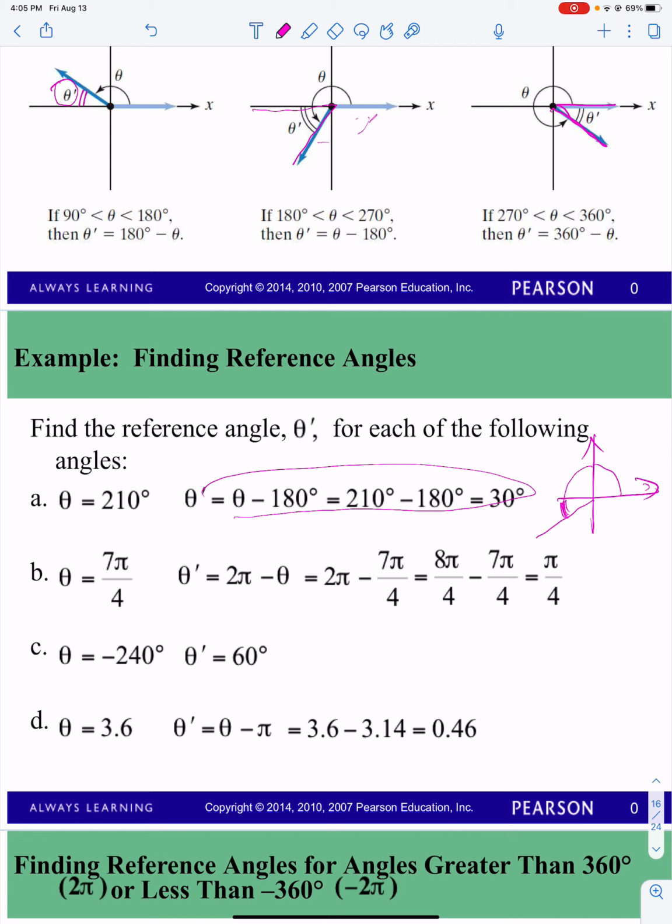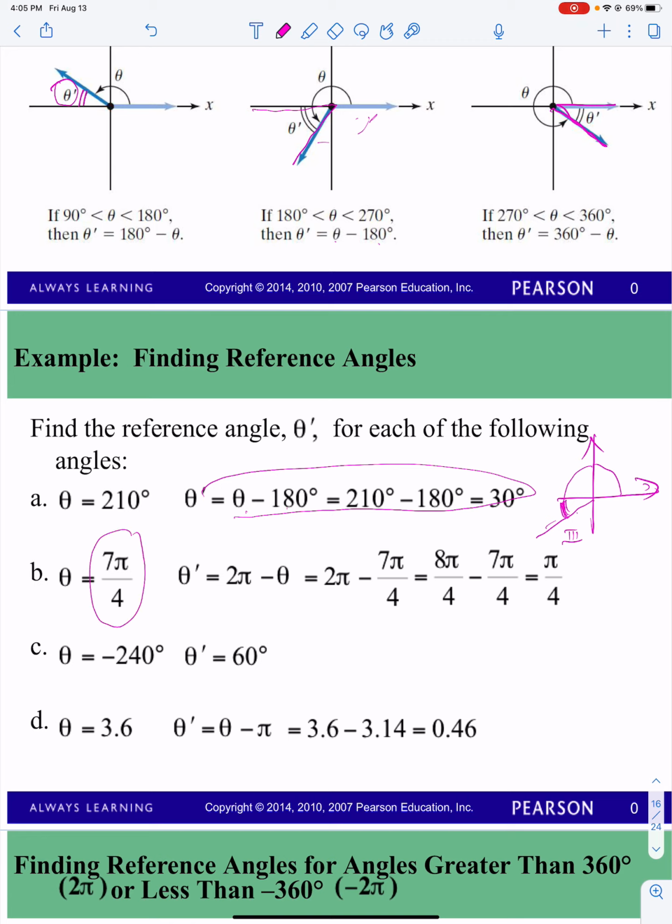Theta prime is what? Theta, 210, is in the third quadrant. In the third quadrant, it's always theta minus 180. Now, which quadrant is this other one in? It's a little bit less than 2 pi, so it's in the fourth quadrant.